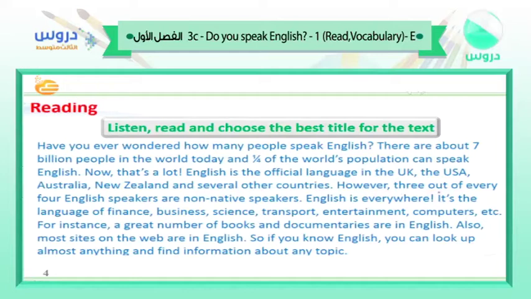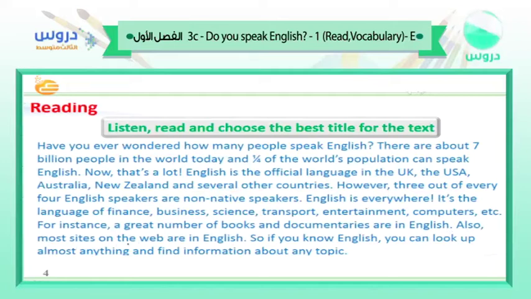However, 3 out of every 4 English speakers are non-native speakers. Wow, English is everywhere. It's the language of finance, business, science, transport, entertainment, computers, etc. For instance, a great number of books and documentaries are in English.